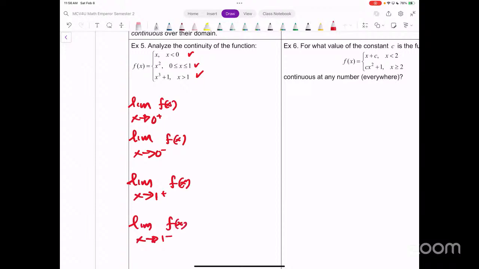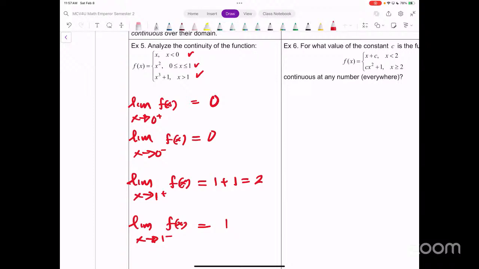So let's check that out. 0 plus f of x, we know is supposed to be this function x squared, so 0. 0 minus f of x, that function, 0. 1 plus f of x is going to be 1 plus 1, which is equal to 2, because that is 1 plus. 1 minus f of x is going to be this one, which is going to be 1.